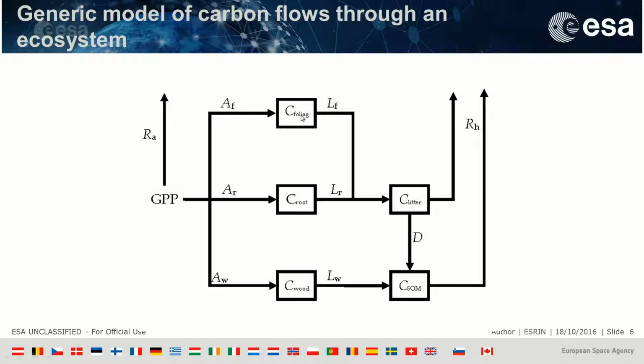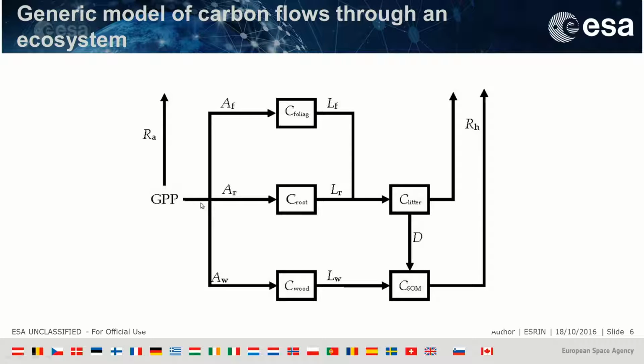You've got three pools: the leaves, the roots, that's the fine roots, and the wood, as I've just described. Now, when you photosynthesize, a certain proportion is emitted, or respired. So that's the carbon respired by the plant.